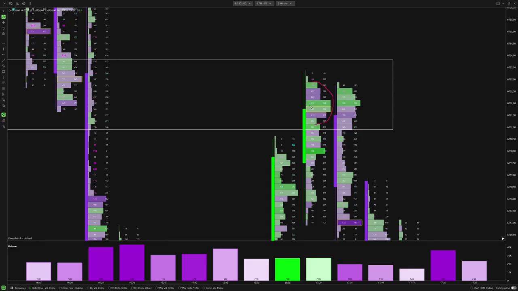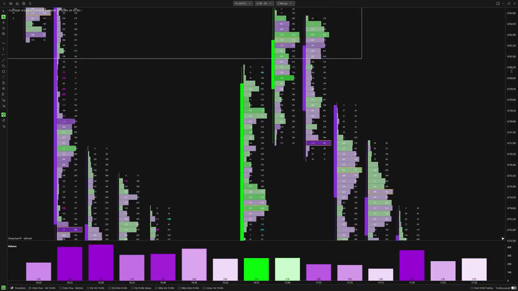Absorbed, absorbed, absorbed, absorbed. They try to push up, but they can't. And if they try harder, look at these imbalances on the top. Aggressive sellers take the upper hand again. And boom. Sellers take the upper hand.